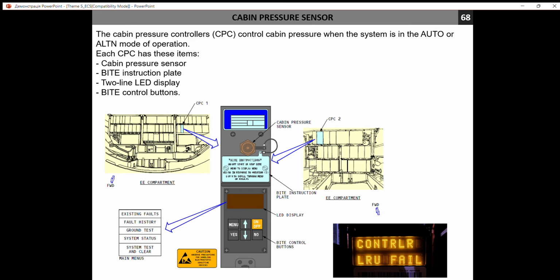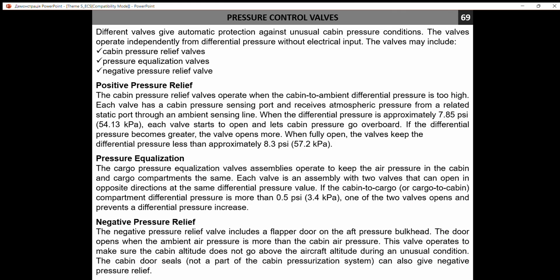It is the most advanced, and it shows you a message: controller LRU failed. But it could be just a red lamp that will announce that something is wrong with your block.